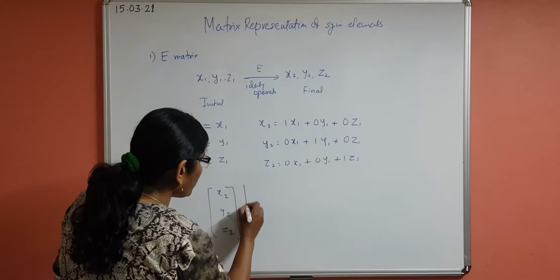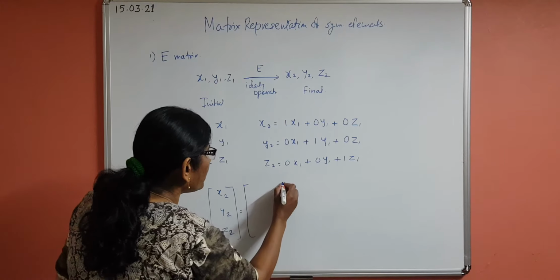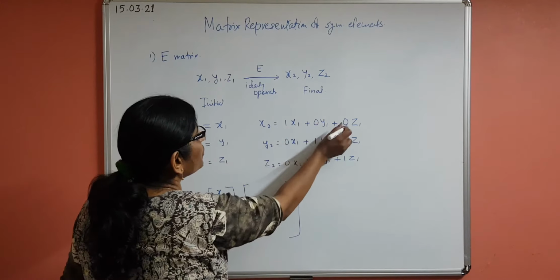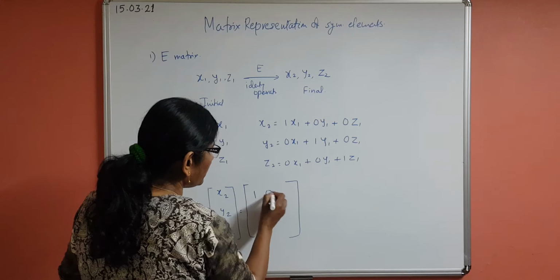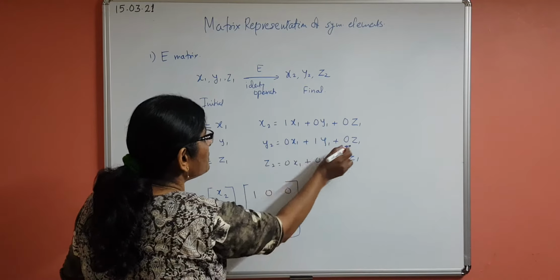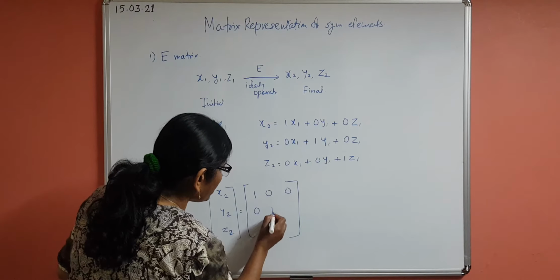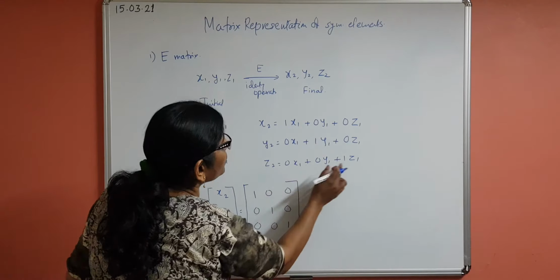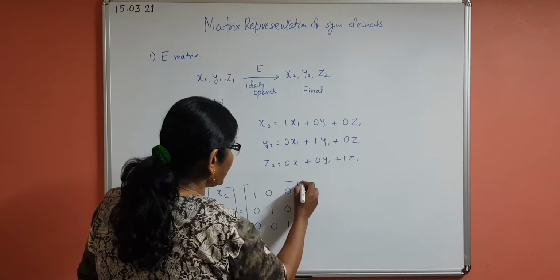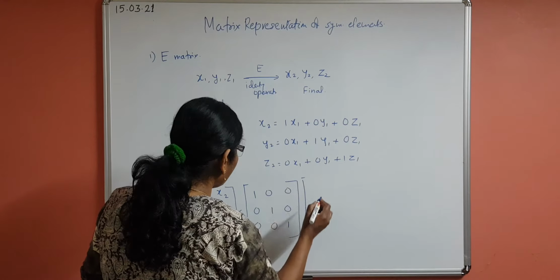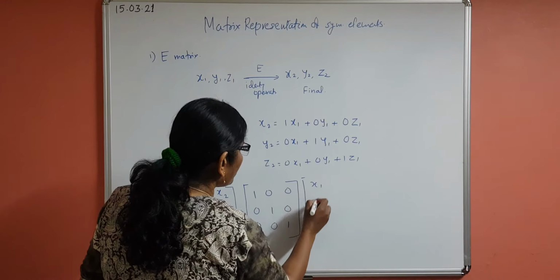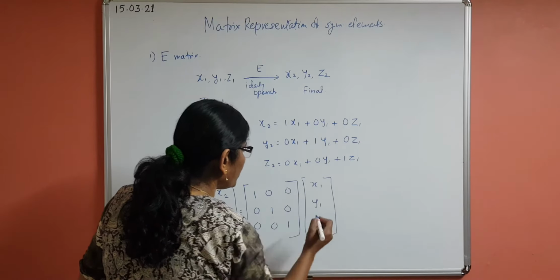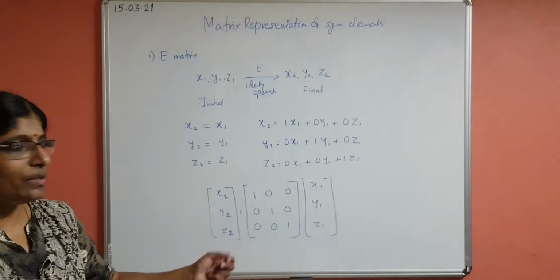Then I'll write the actual matrix from the above equations: 1 0 0 for x2, 0 1 0 for y2, and 0 0 1 for z2. And in the second column I'll write x1, y1 and z1, which were our initial coordinates. So this is the way to represent it.